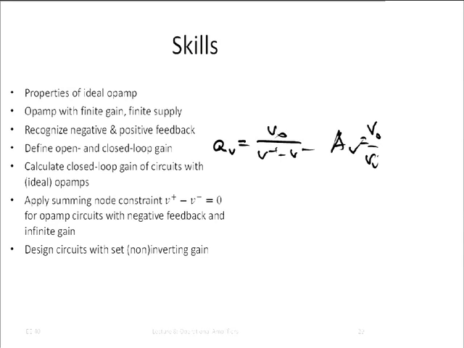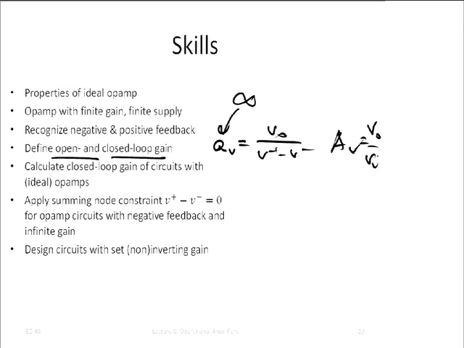This one in particular, if the op-amp is ideal, is infinite. And the other one, of course, should not be infinite, right? So beware of these two different gains. Know them. If you are puzzled about them, go back in the notes. There is a slide that defines them.